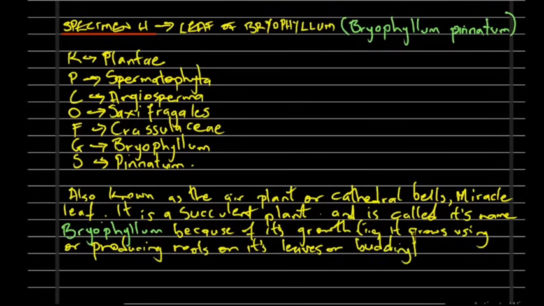So those are the systems through which this particular Bryophyllum grows. I will show us an example of what I'm talking about shortly, where you see the roots being produced on the leaves or budding taking effect.